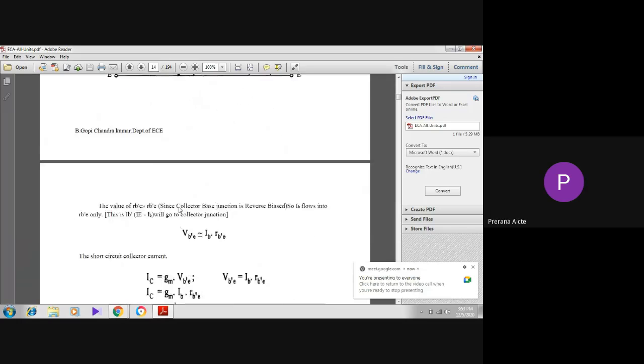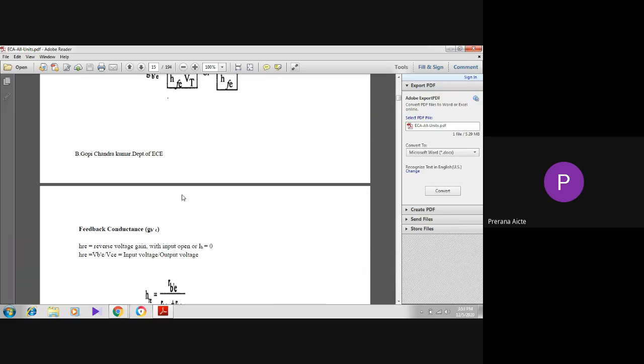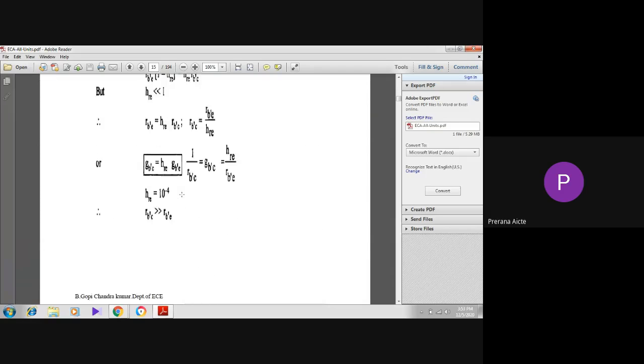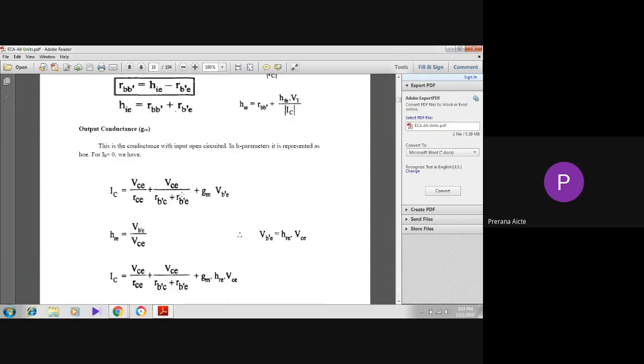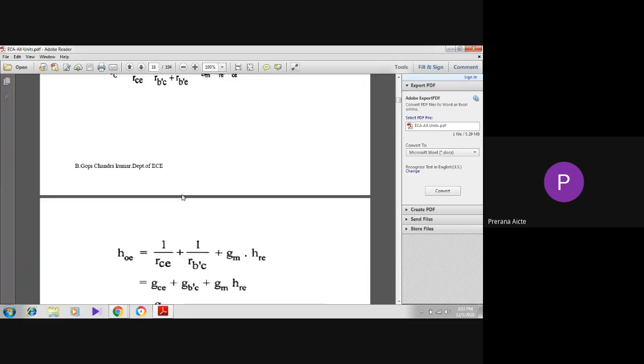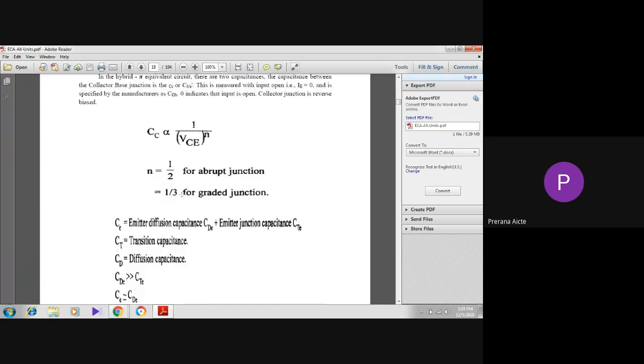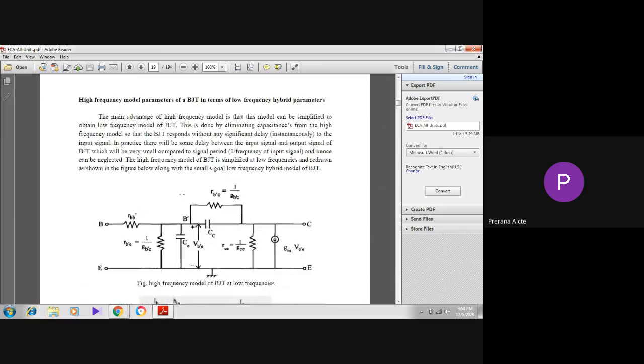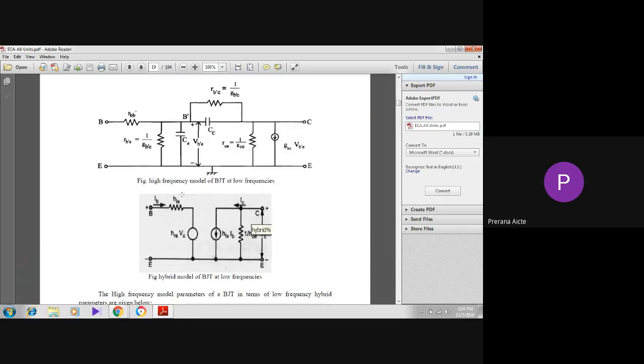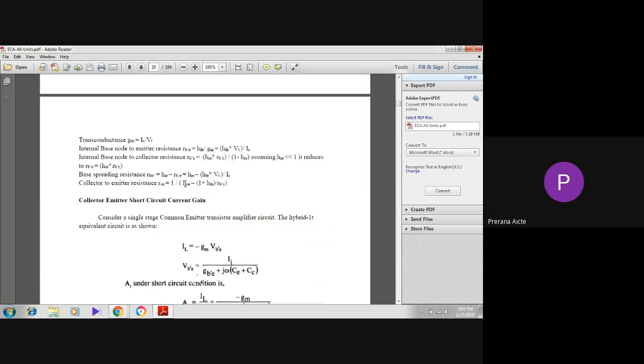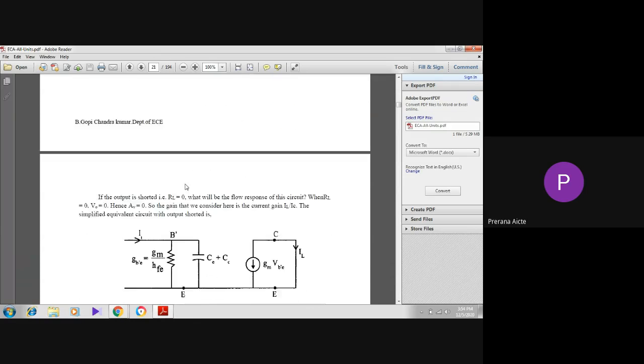Similarly, the input conductance equation, circuit diagram, formulas, feedback conductance, base spreading resistance, etc. These are all very important formulas, and the capacitances. That's it. This is about the first unit.